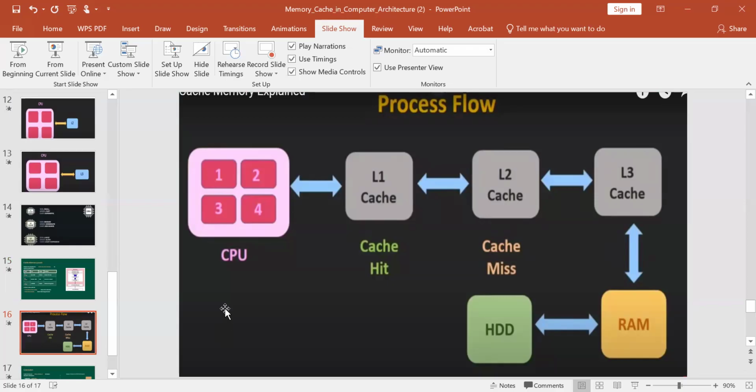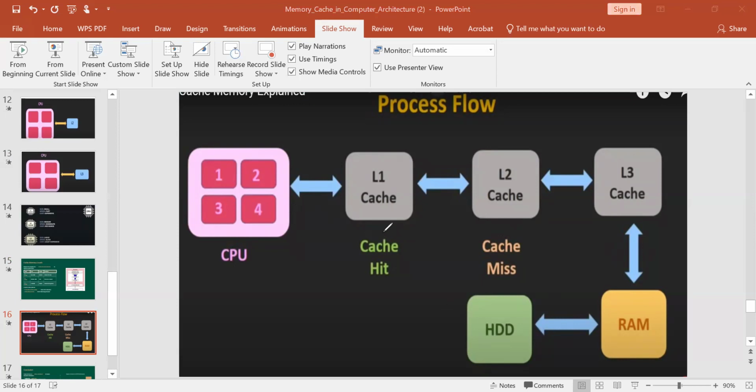How does it function? We have the CPU with caches inside, trying to request information from the RAM or from our secondary memory. The first time it tries to gather this information, because it is the first time we are running this particular program, we will not be able to fetch this data.